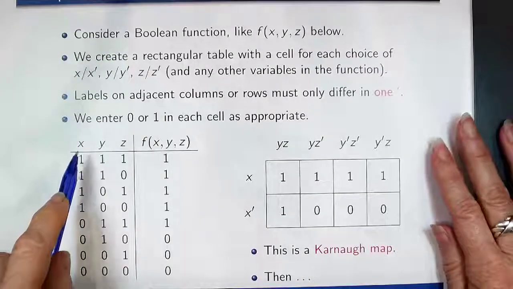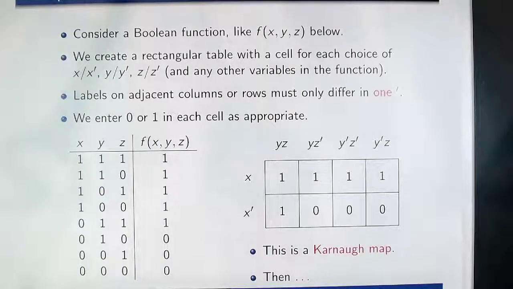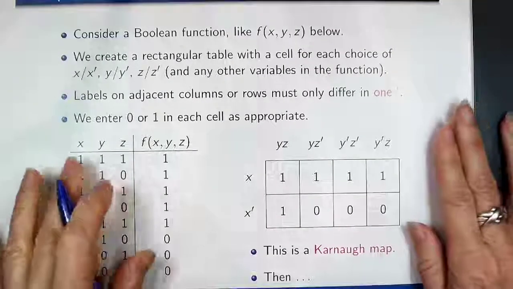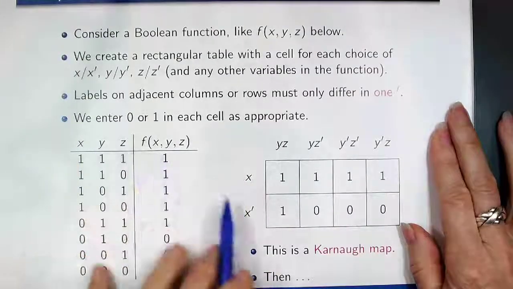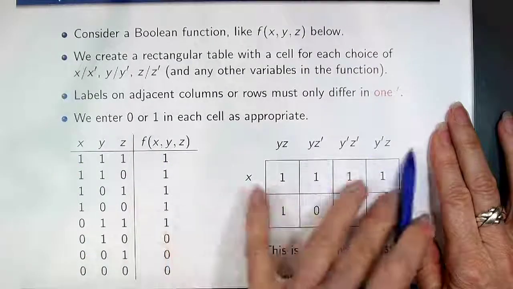We've got three letters, X, Y, and Z. There's quite a few choices, probably 12 different ways of doing this. But they're all really the same. We've got three variables. We'll put one down here and two across here.